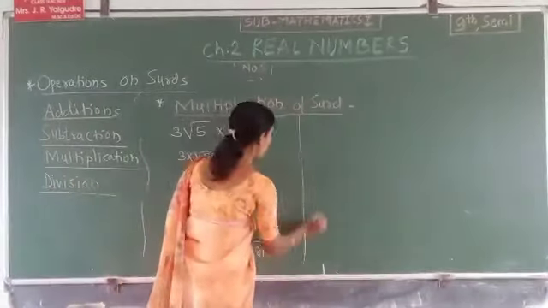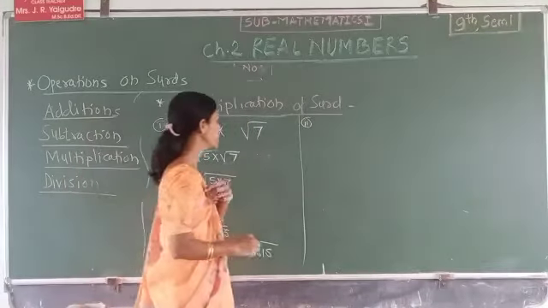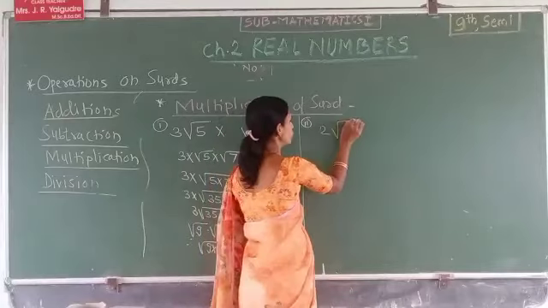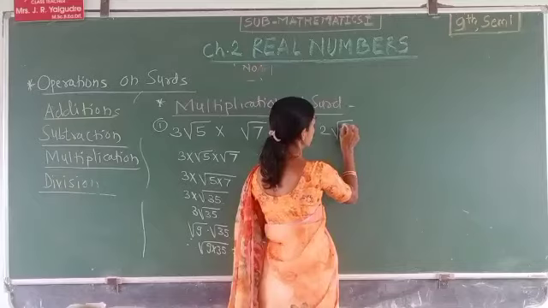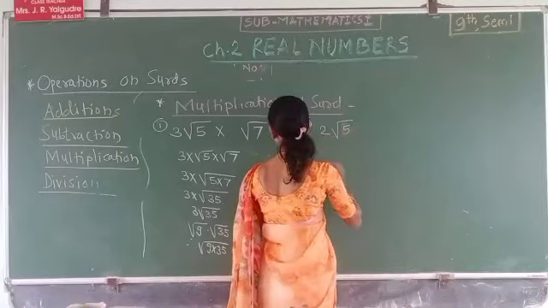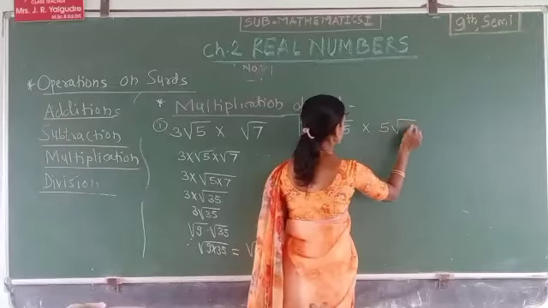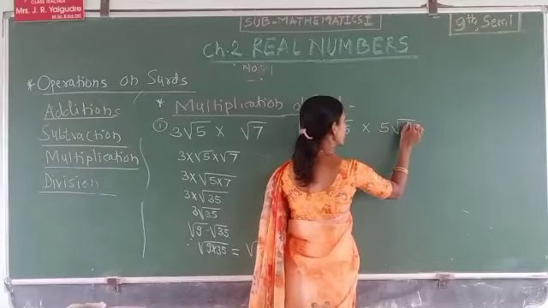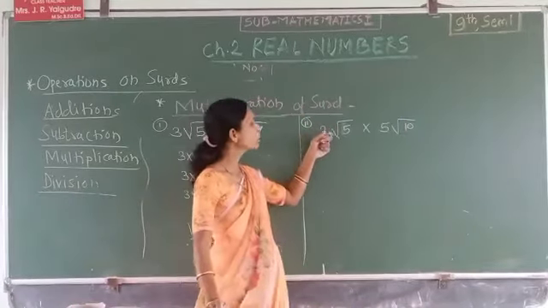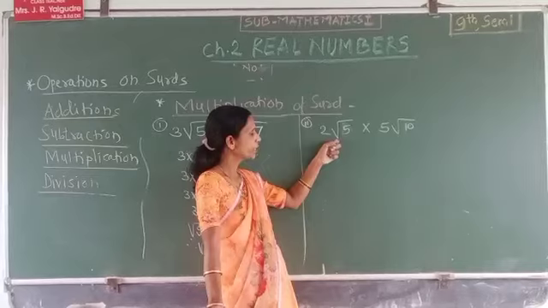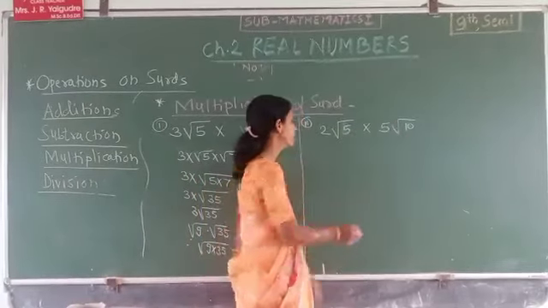Then see here, one more example of multiplication is there, that is 2 root 5 into 5 root 10.